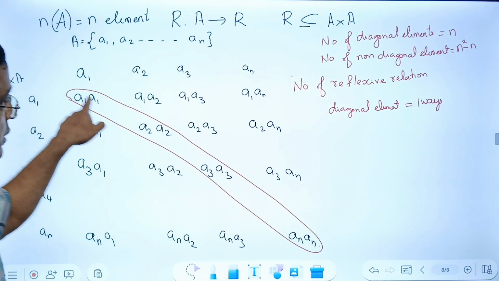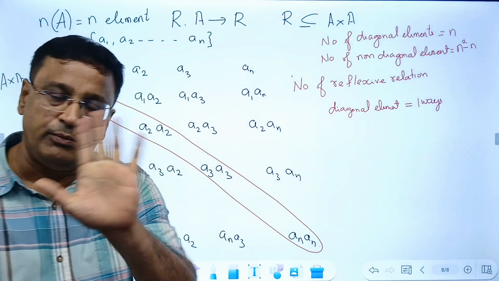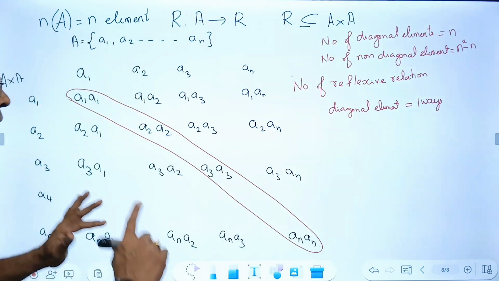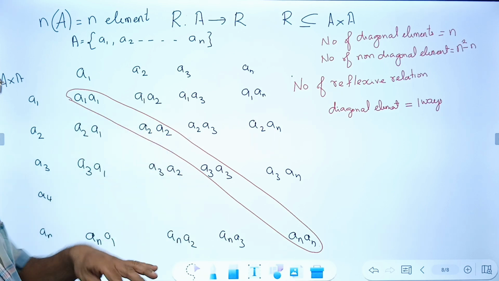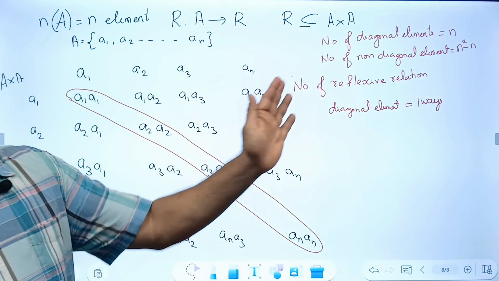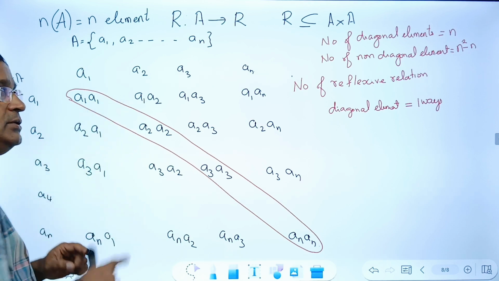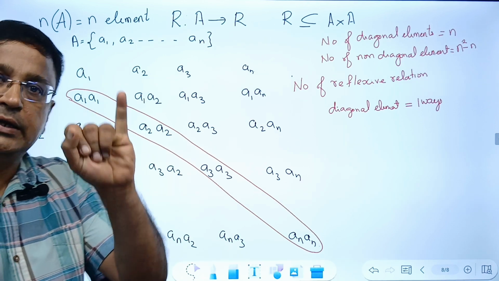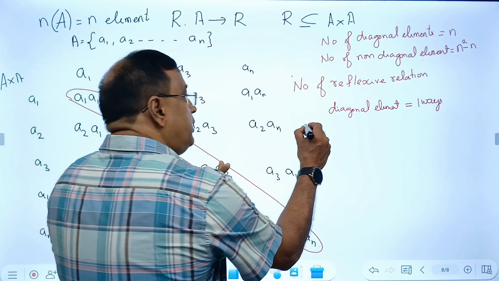For a reflexive relation, definitely all the elements in the diagonal should be there, which can be done in one way. That is very clear. Now, along with the diagonal, the non-diagonal elements may exist or may not exist. So that means the non-diagonal elements have two options. It can exist or it need not exist. So there are two ways.